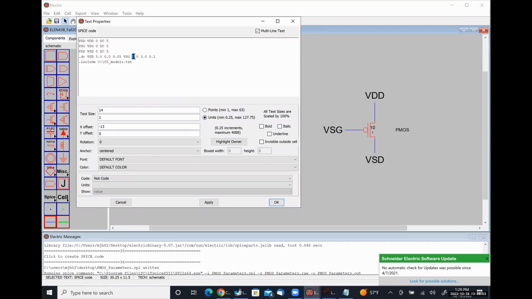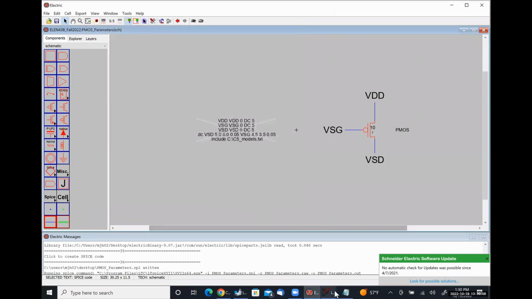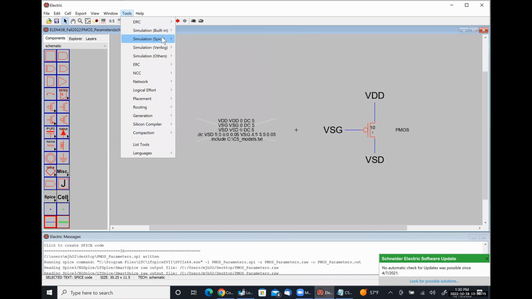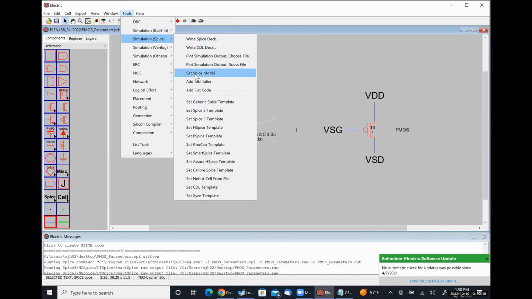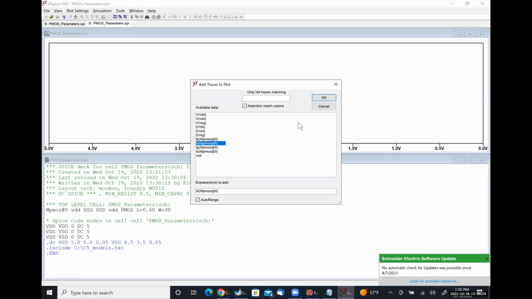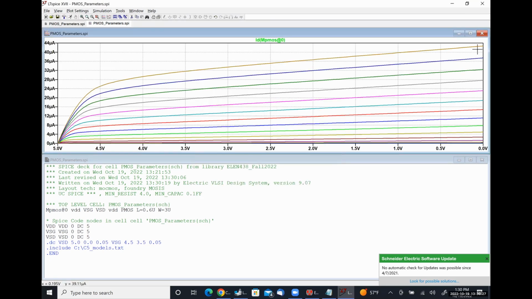So let's sweep this from 4.5 to 3.5 to get a better idea, and let's do this in 50 millivolt increments. So 3.5, 3.55, 3.6, 3.7, 3.8, 3.9.